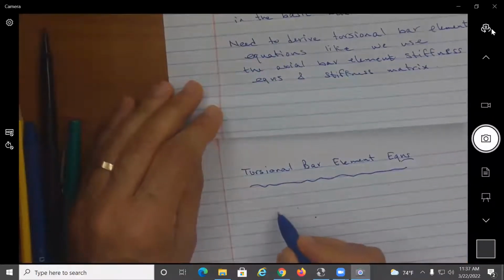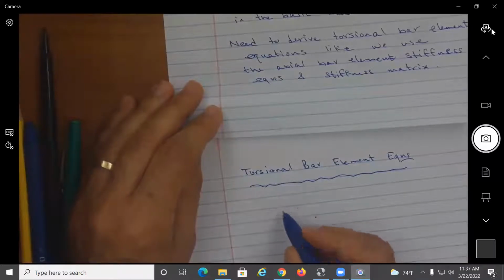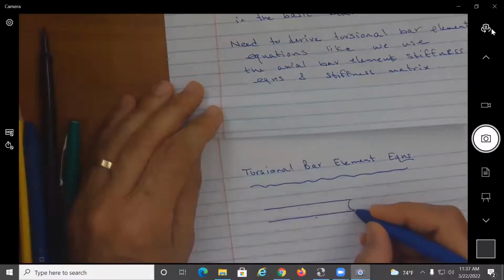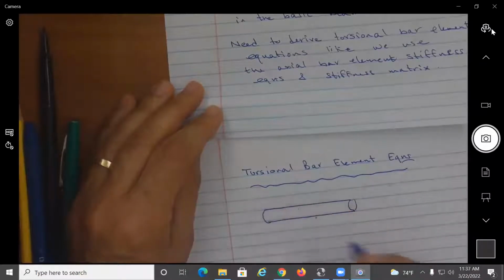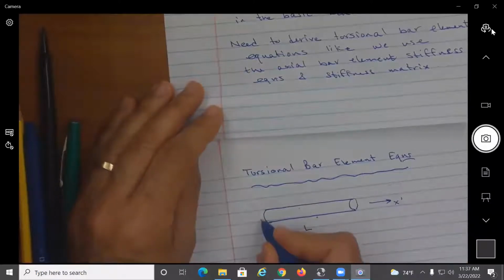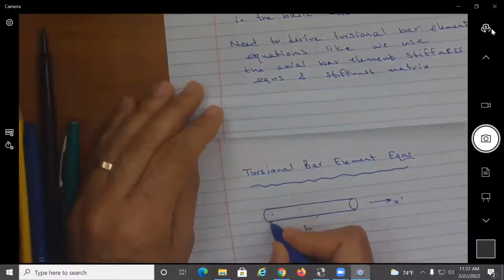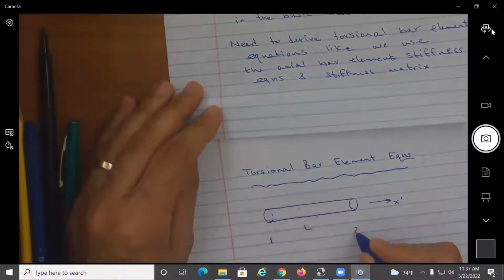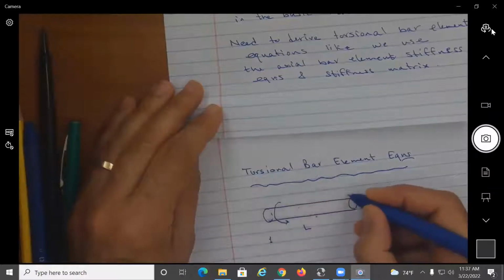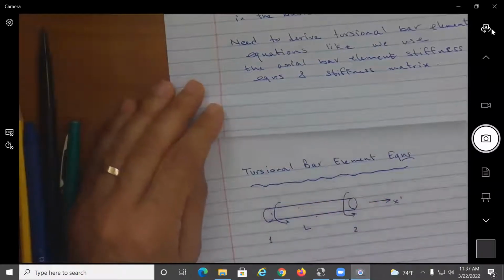So I'm going to be looking at a bar element, and we are going to assume a circular cross section. So this has a length L, and this is the local axis X prime. At the first node, or first face, and the second face, I'm going to have 1 degree of freedom per node.